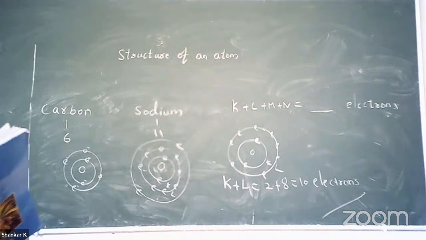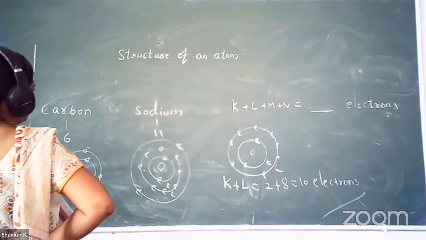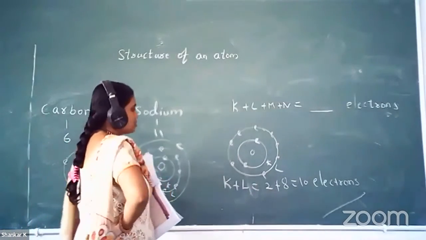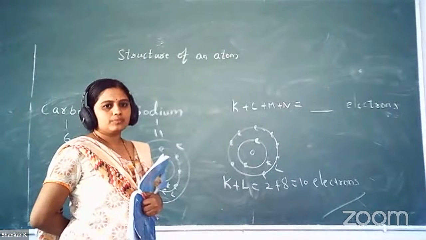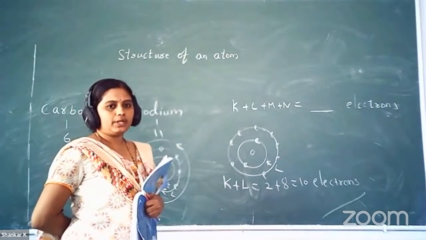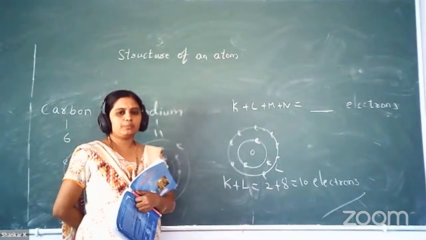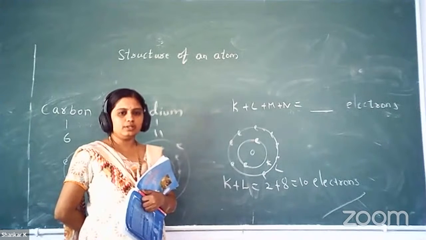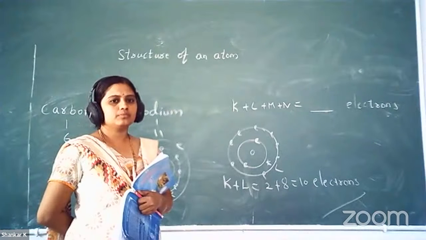K means how many electrons? How many electrons should be present in the first cell? 2.